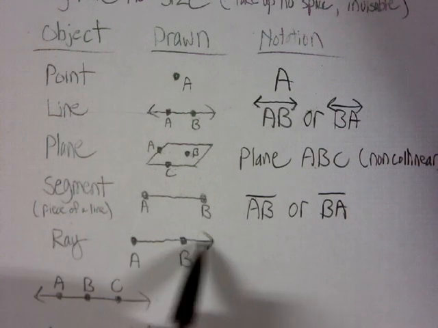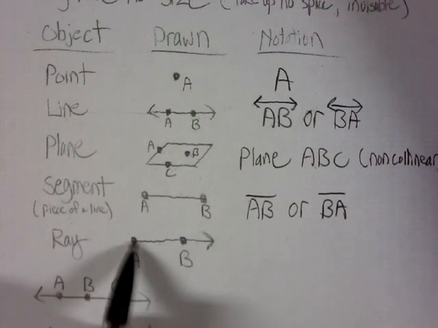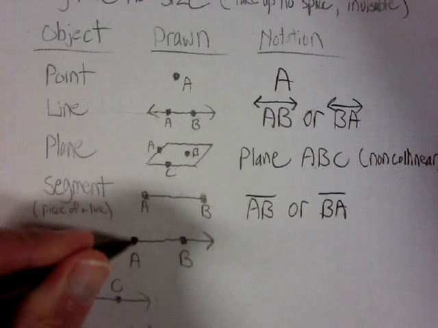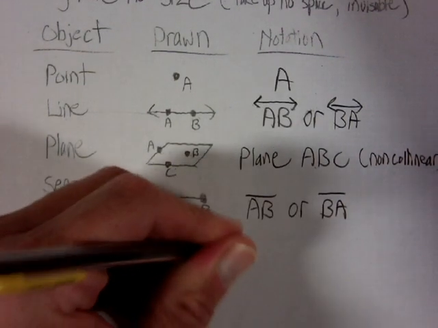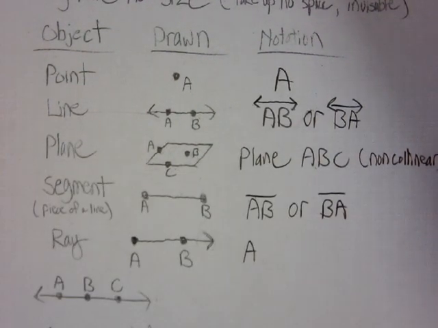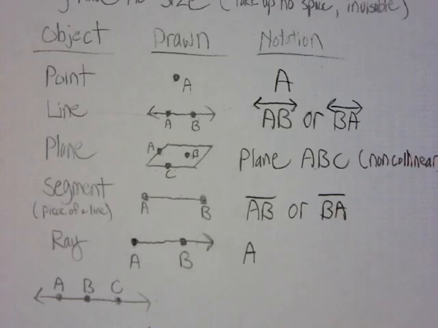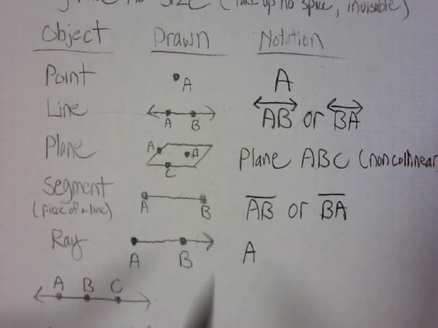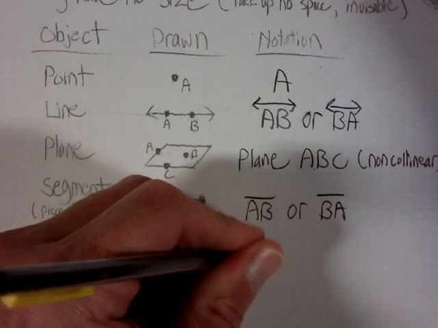So let's look here and see if we can figure out what's the starting point of the ray. Well, the ray starts from point A. So I'm going to start by writing point A first. The second letter that you use to name the ray has to be a point that the ray is traveling in. So the ray starts at point A, but then it travels through point B. So the second letter I'm going to use is point B.